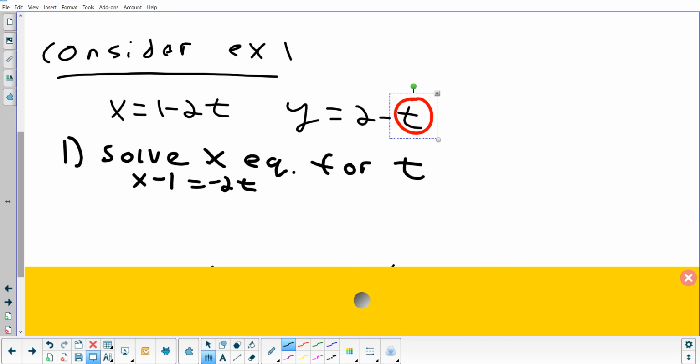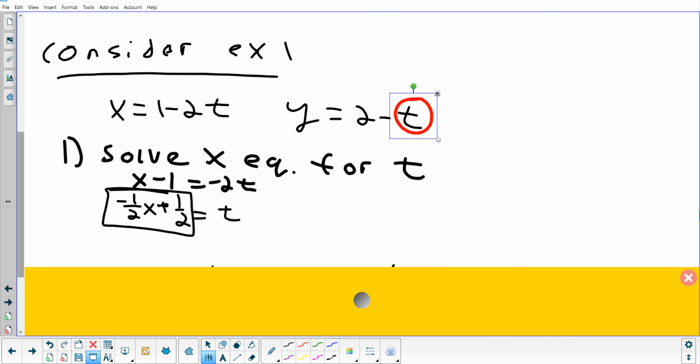And Ethan, what would be my last step to get that negative 2 on the other side? Divide by negative 2. Yep, divide by negative 2. So the way I'm going to write it is like this. Negative 1/2 x plus 1/2. That's what you get if you solve for t.